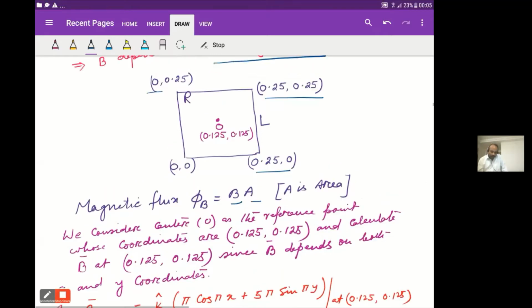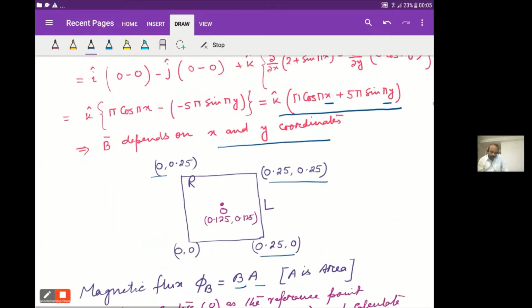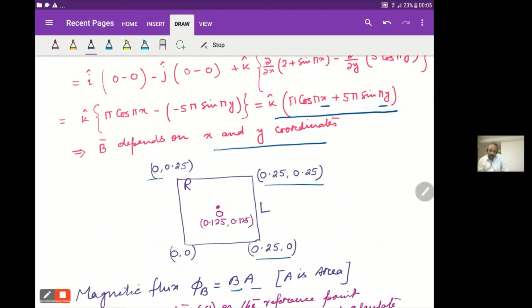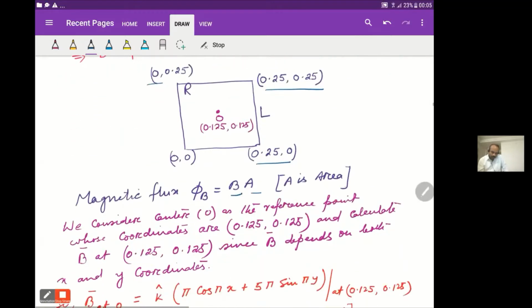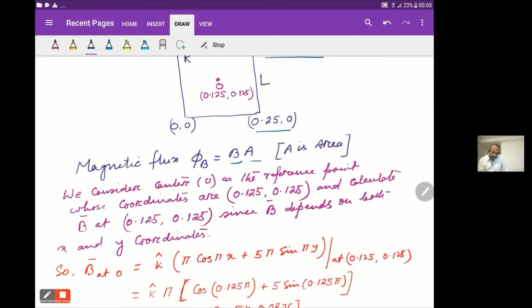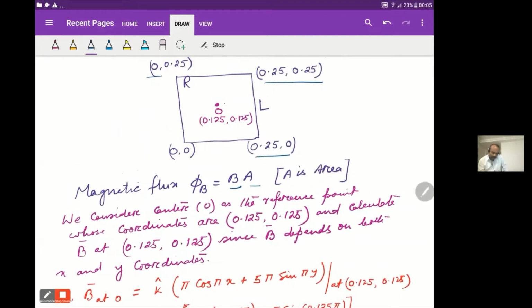Now B is given as k pi cos pi x plus 5 pi sine pi y, and it depends on both x and y. So we consider the center as our reference point. That means we want to calculate B at the center having coordinates 0.125 and 0.125, because this is the halfway.